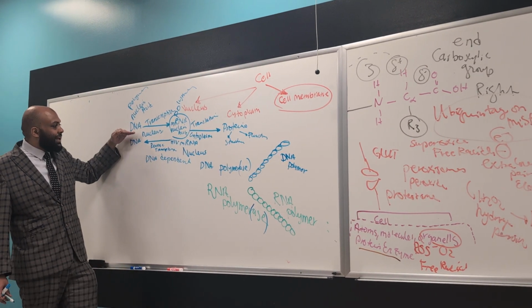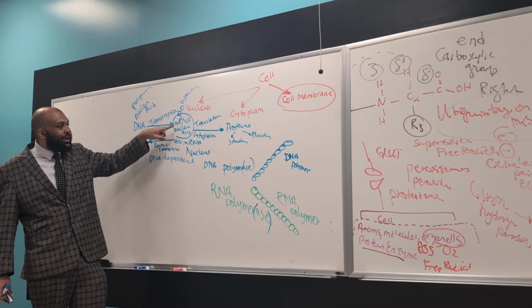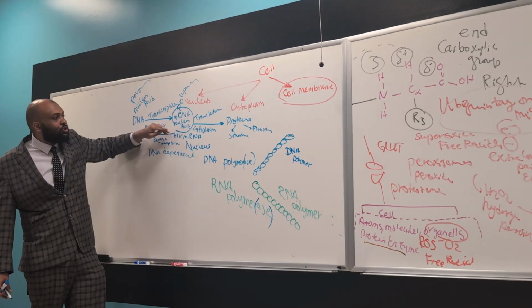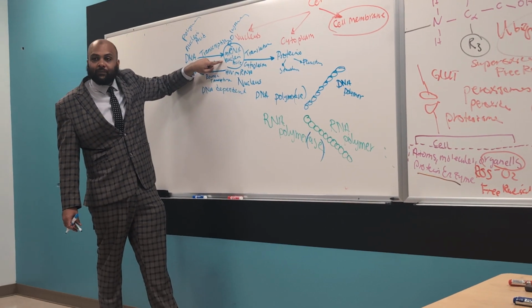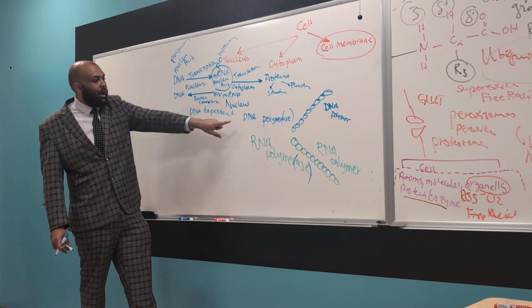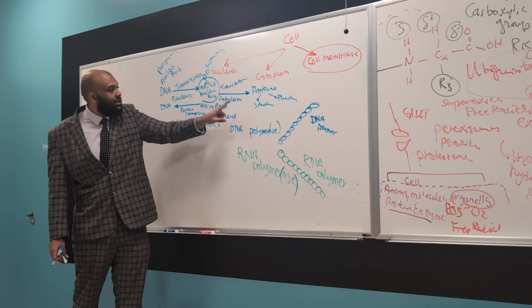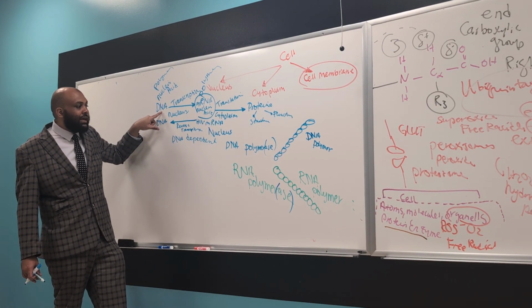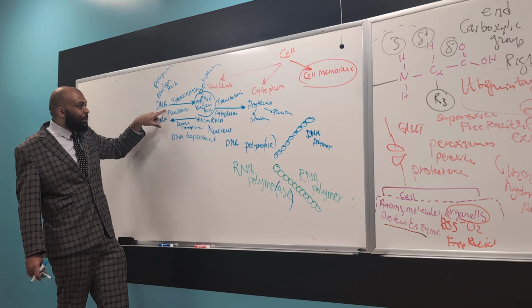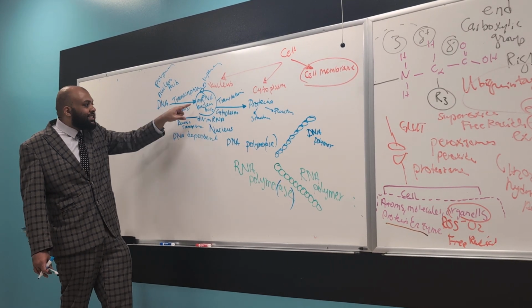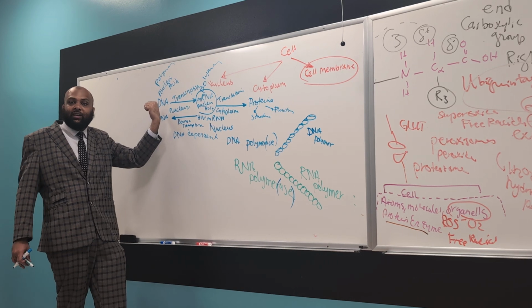I used DNA to make an mRNA polymer. mRNA is a polymer. So what enzyme am I using? The RNA polymerase. Excellent. I'm using RNA polymerase to make mRNA. Who did I depend on? The DNA. So that's why it's called DNA dependent RNA polymerase, because it polymerizes mRNA from DNA.